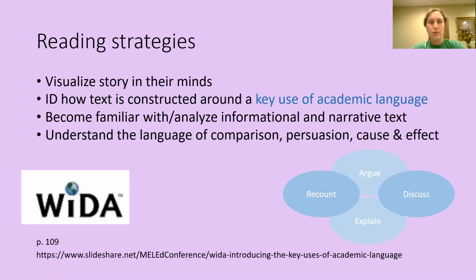Right, so to encourage reading, we can have students visualize stories in their minds, and we can identify how text is constructed around a key use of academic language, which again, those are recounting, arguing, discussing, and explaining.